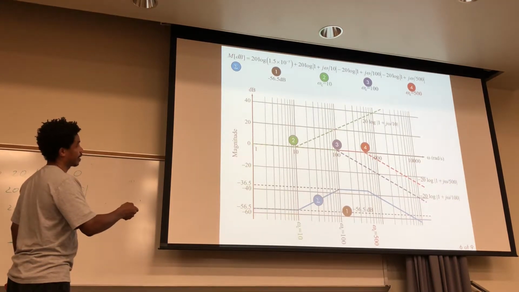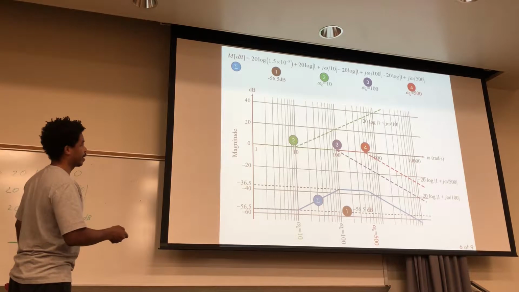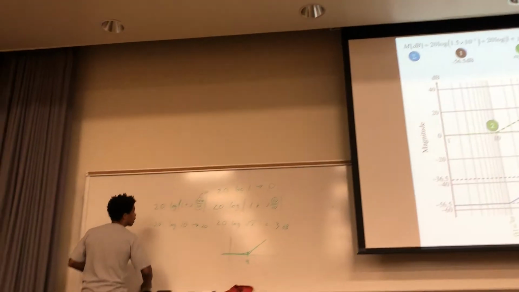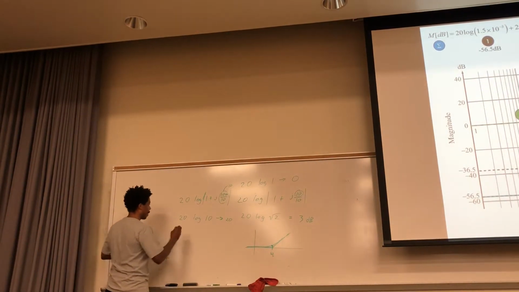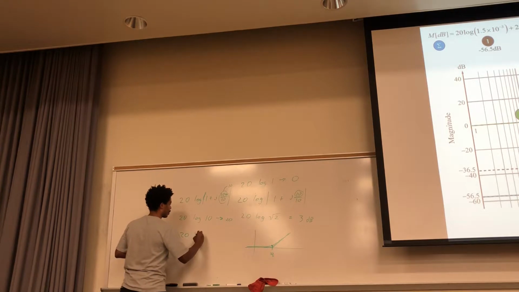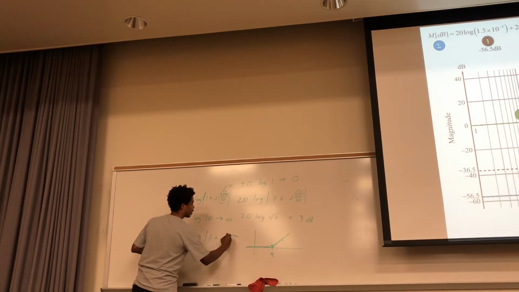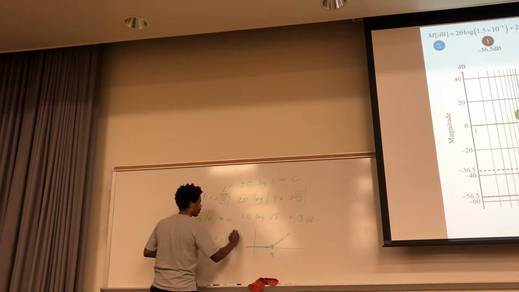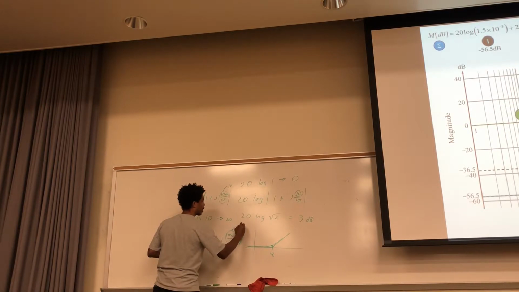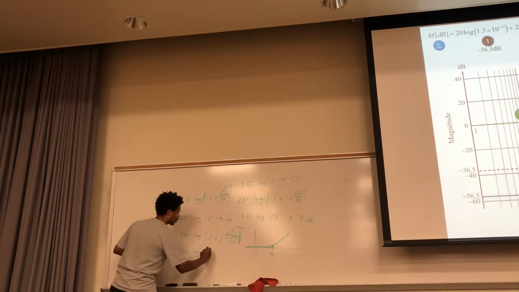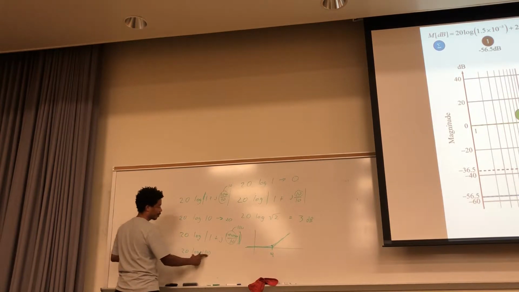Okay? Now let's look at what happens when that's 10, that's 100. Let's look at 1,000 right here. So when this value becomes 1,000, what happens is that this piece right here becomes like 100. And so 20 log 100, well, this is going to be 2, right?